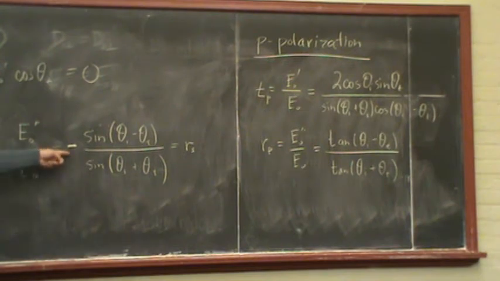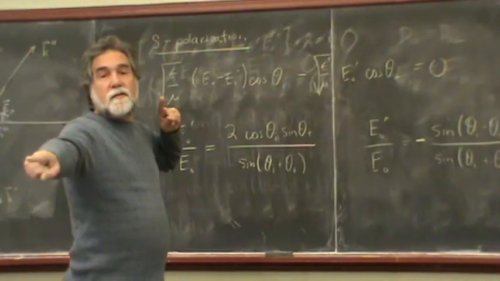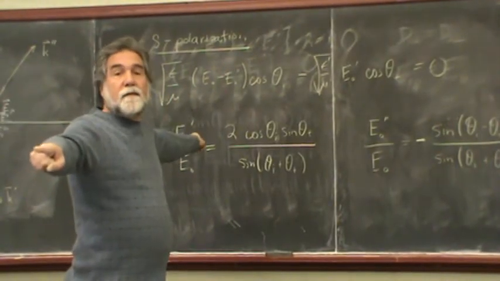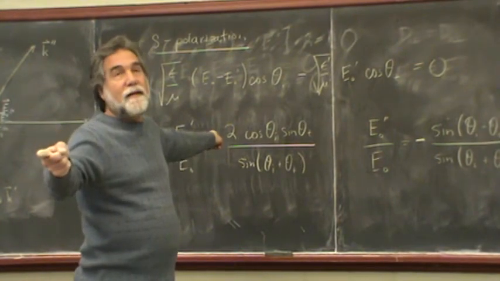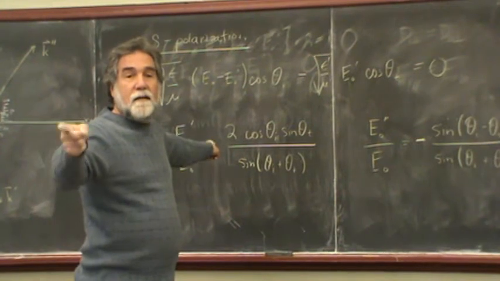What this one is telling us is that the sign of the phase of the reflected wave is negative. That is, the phase switches sign. Not phase, the phase is pi.